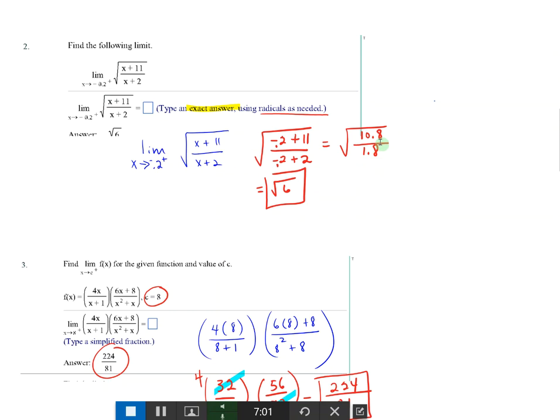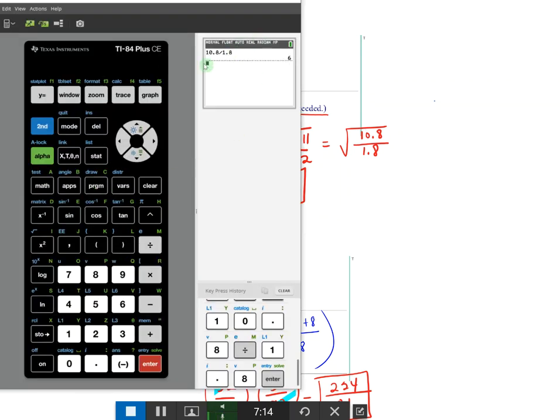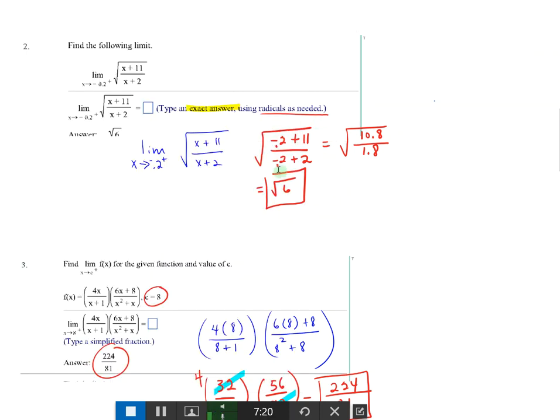And when you do that, you get the square root of 6. Because it says leave the answer in radical, if you do 10.8 divided by 1.8 on your calculator, you do get 6. So this answer is the square root of 6. It did say to use radicals as needed.